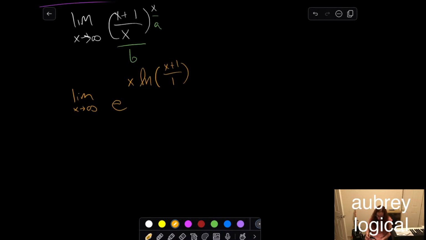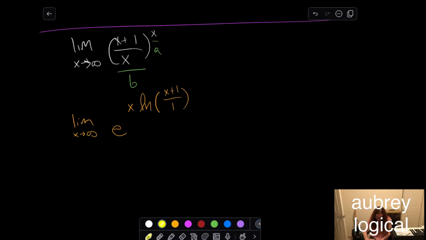And from here, we still don't have the form we want, but we have this power pulled down in front, so it's just being multiplied instead of being an exponent.